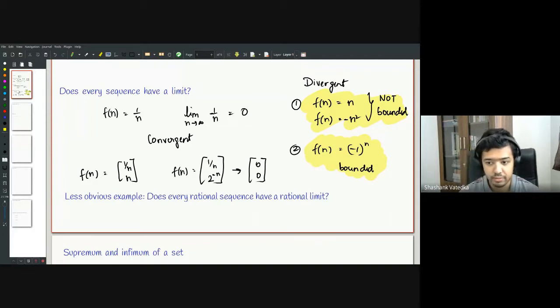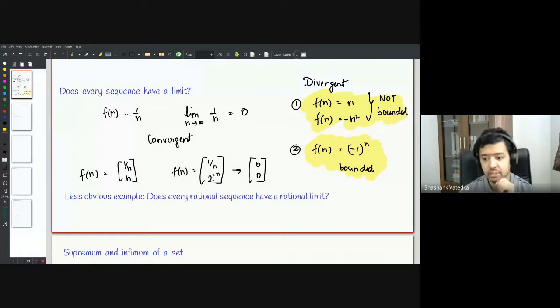Yes? So can a rational sequence have an irrational limit? Okay, so one student says every rational sequence has a rational limit.